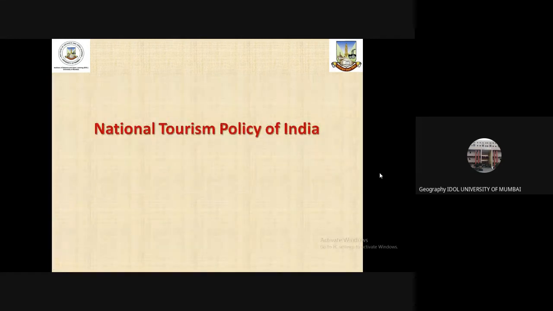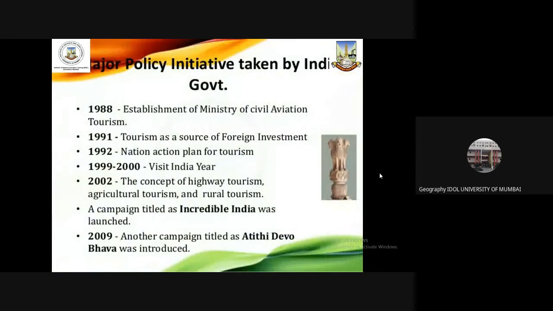Now, looking at the national tourism policy, efforts have been made from time to time to address the challenges and exploit the potential in India. Major policy initiatives were taken up in different years. In 1988, the Ministry of Civil Aviation and Tourism was established.